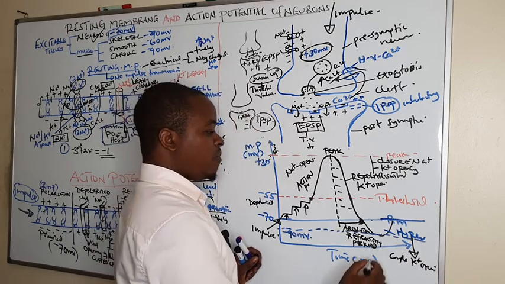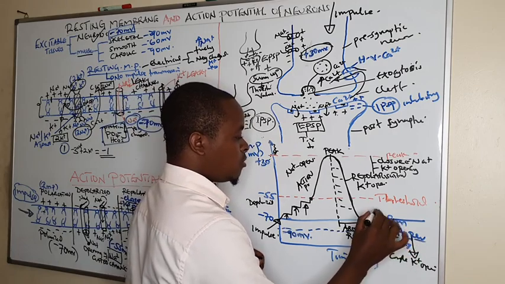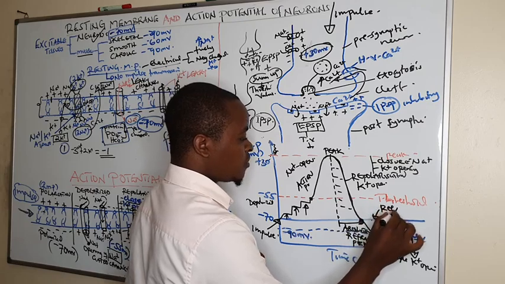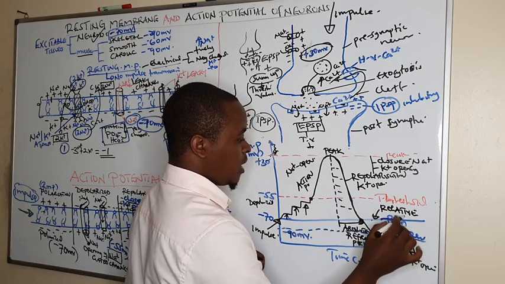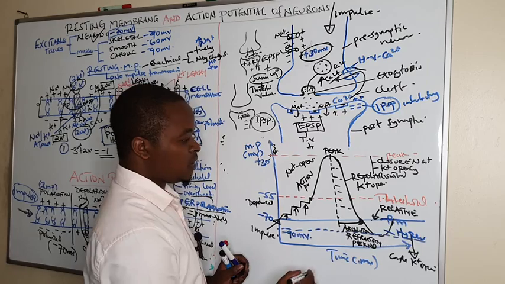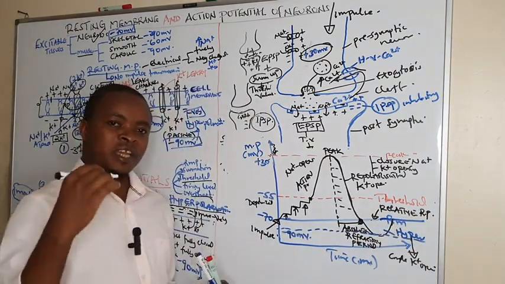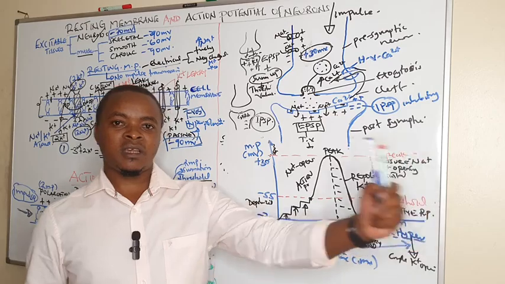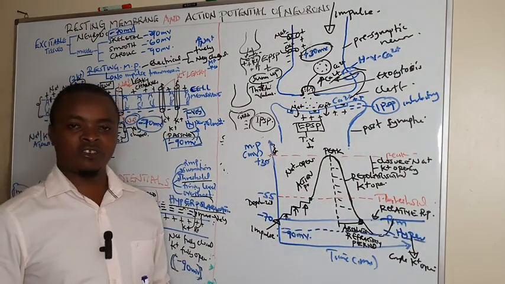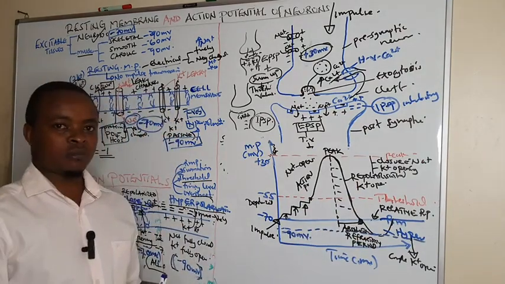After becoming hyperpolarized, during this period, we see what we call the relative refractory period. The relative refractory period is the period whereby if an impulse coming is greater than the one which has passed, an action potential can be fired before even restoring the membrane potential.